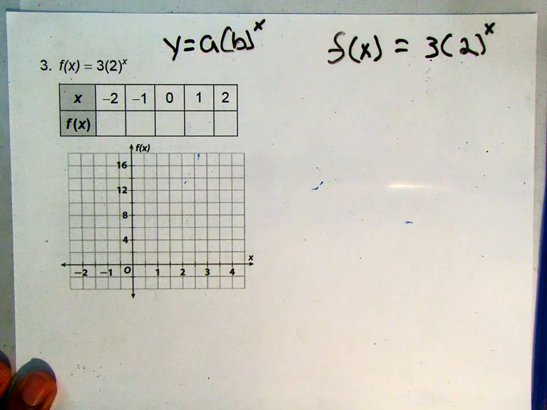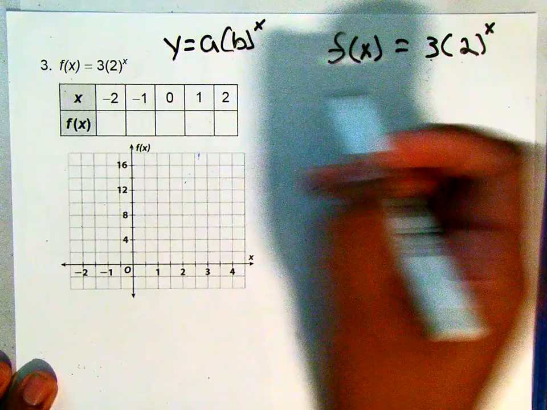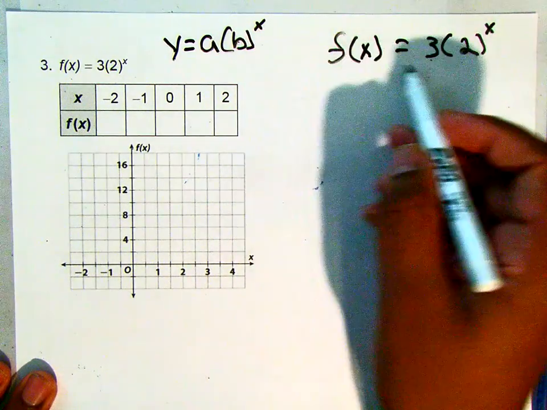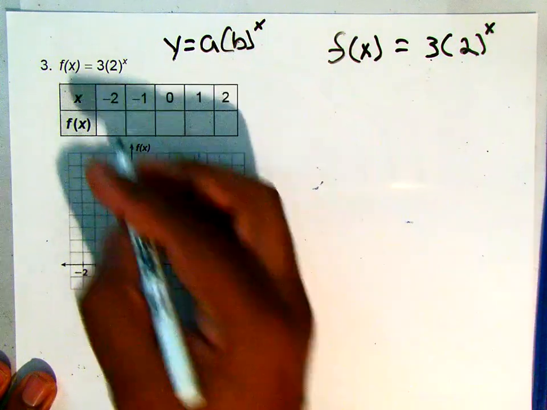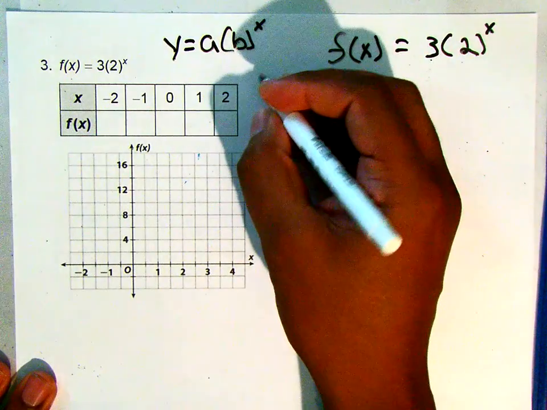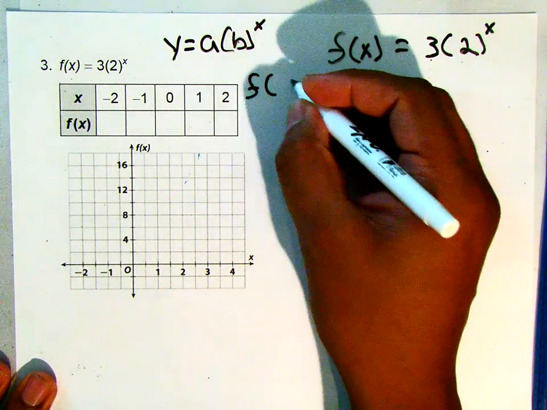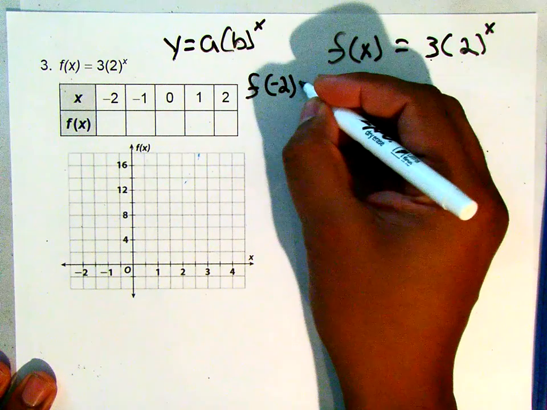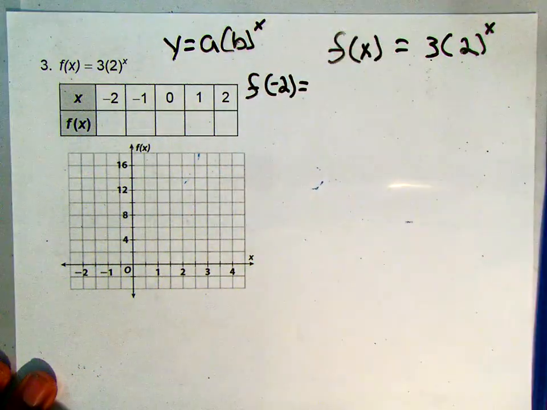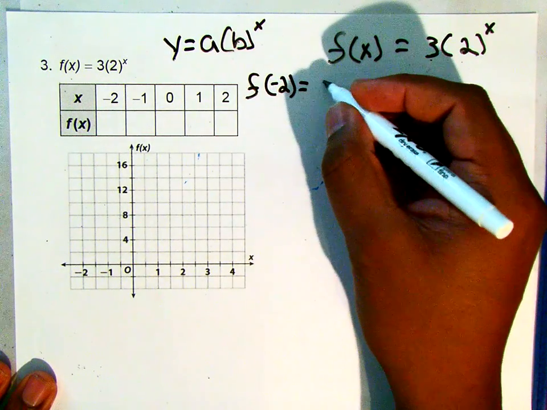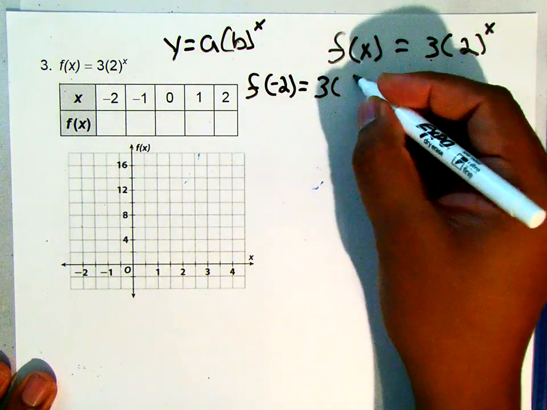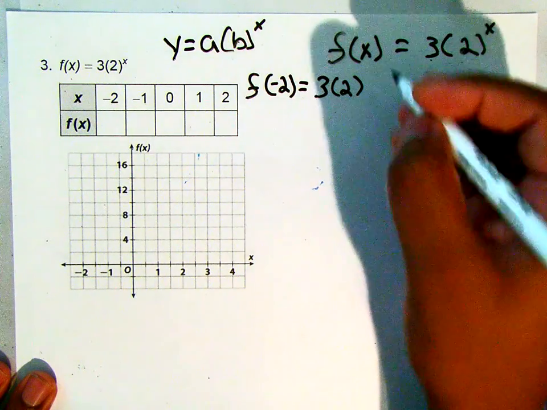Just like we did with linear functions, we're going to take each one of these and plug them in. Since I have function notation, I'm going to write in whichever one I'm doing at that time. The first one I'm going to do is -2. So f of -2 is equal to 3 times 2 raised to the -2.